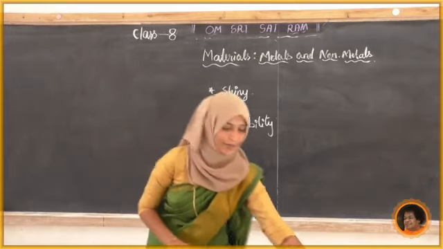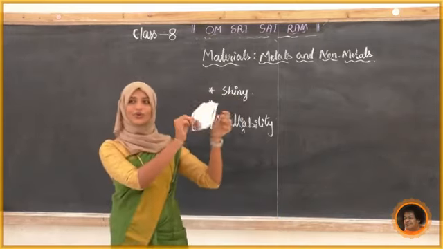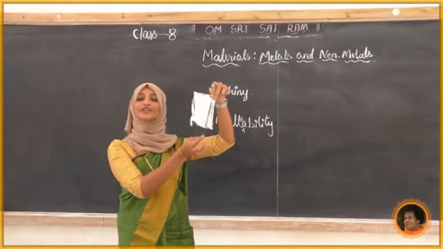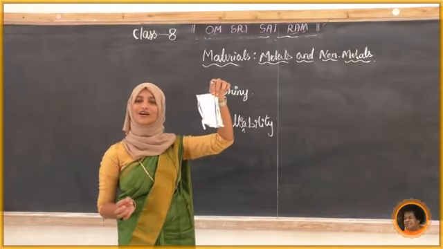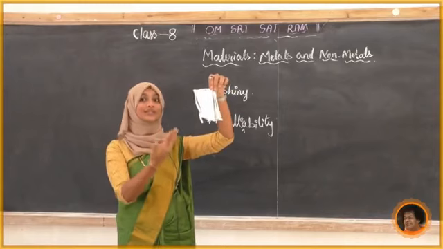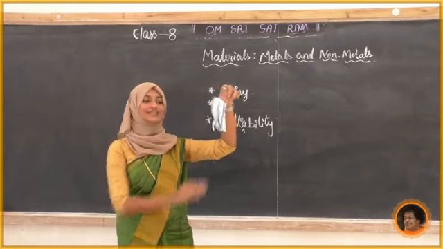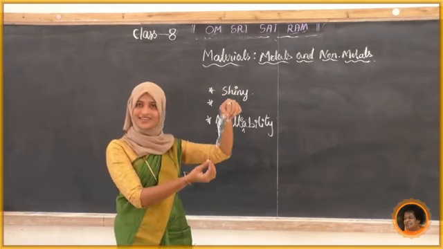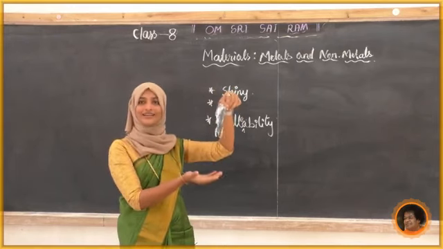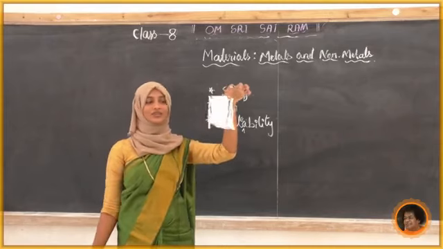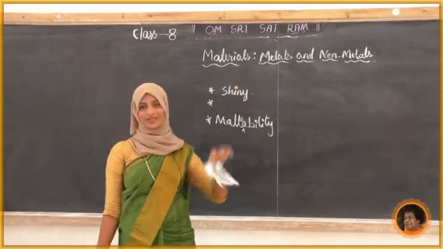So one more example I will show you, students. See, do you know what this is? Yes, aluminium foil. Where do we use these aluminium foils? Yes, to wrap food materials. In bakeries, we get sweets and all wrapped in aluminium foil.